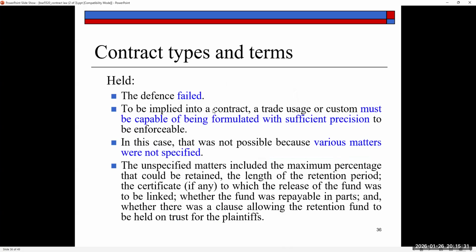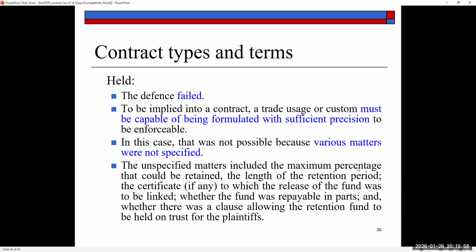For a term to be implied into the contract as a trade usage or custom, it must be capable of being formulated with sufficient precision. This is the number one condition. In this case, that was not possible because various matters were not specified. What were not specified?